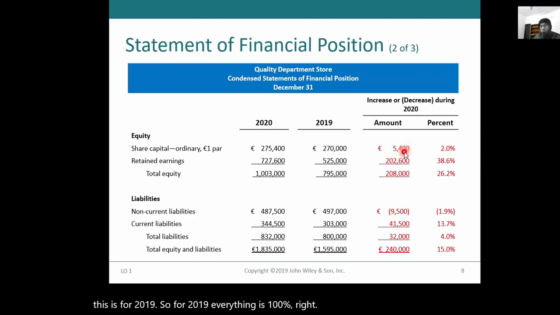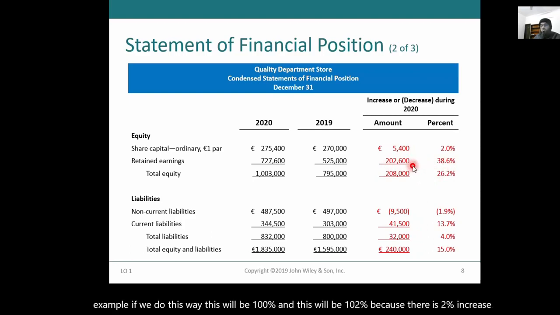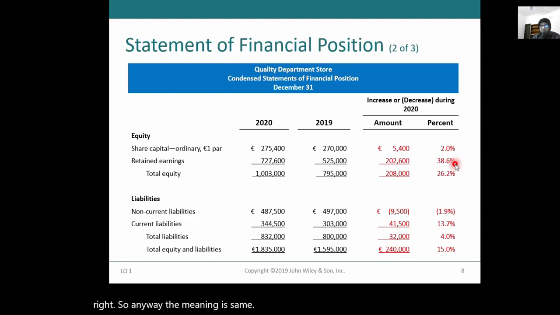So for example, if we do this way, this will be 100% and this will be 102% because there is 2% increase, right? This is 100% and this will be 138.6%. So we also produce this type of index numbers in this horizontal analysis sometimes. And sometimes we produce the differentials, right? So anyway, the meaning is same, but these are two different ways of presenting.